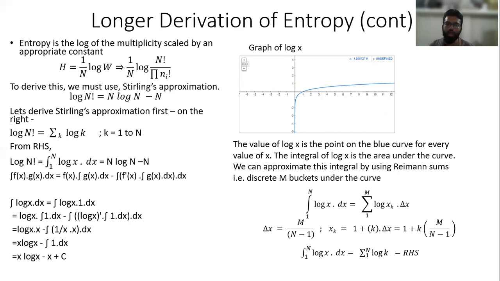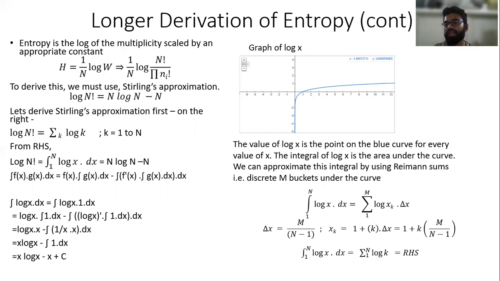So if we have to find the integral of log x from 1 to n, that essentially is equal to the summation from 1 to m of log of x_k times delta x, if we had m buckets under the curve. This x_k would be the bucket that we are at that moment, and it's typically the midpoint of that bucket.